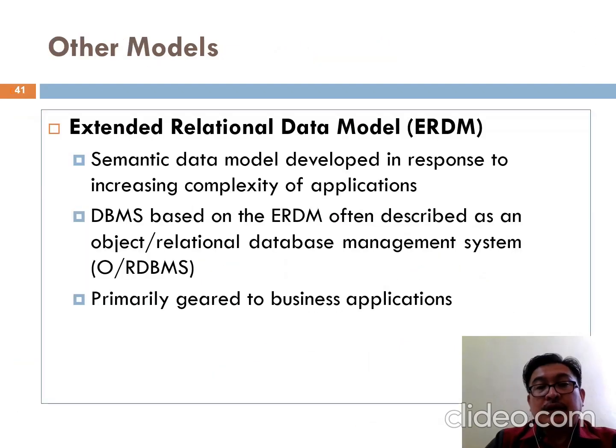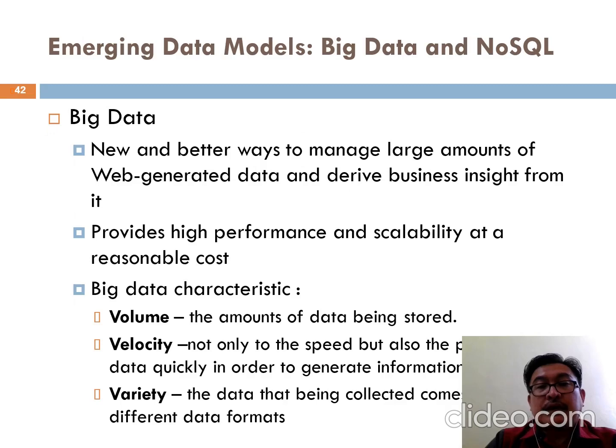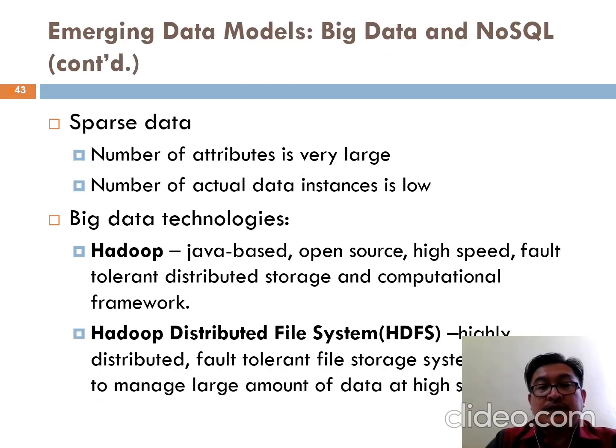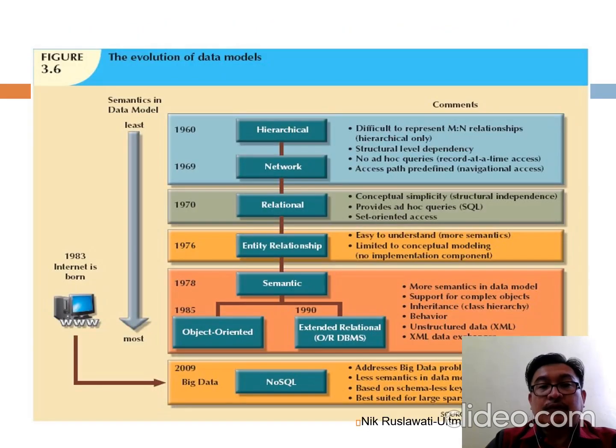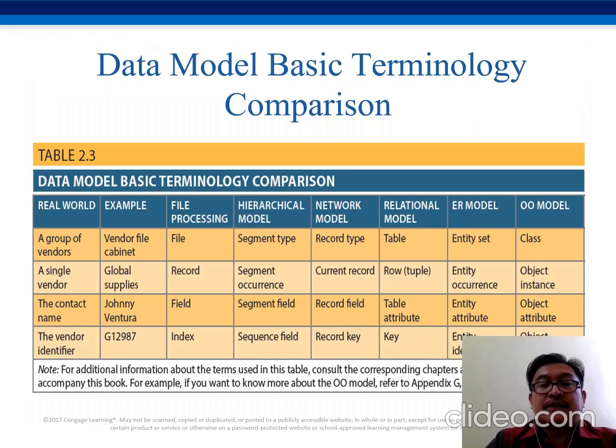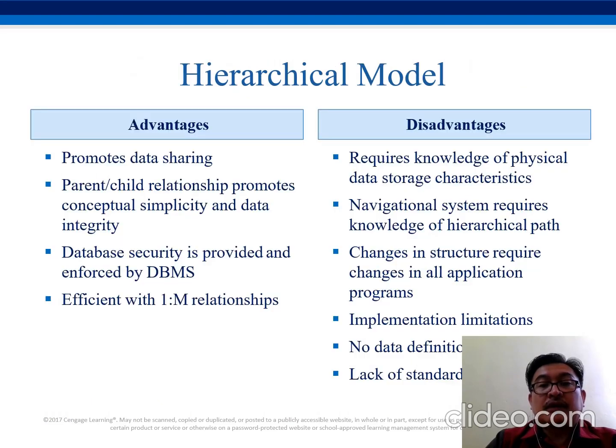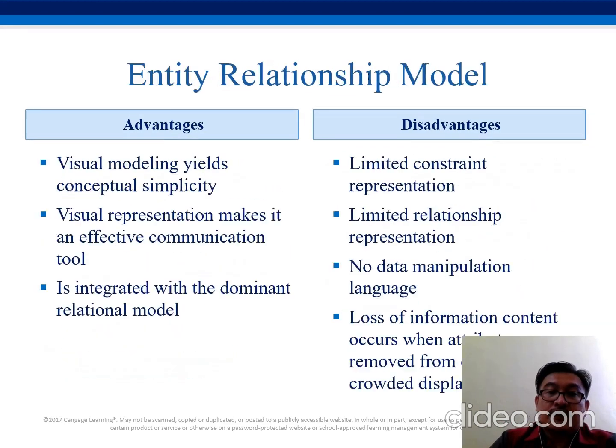The other models, ERDMS, big data, NoSQL, are all examples of data models. These are the data models that we have mentioned now. These are the terminology, and the disadvantages of the data model. Okay, you can read.